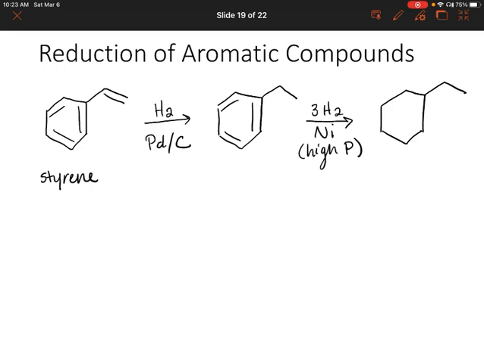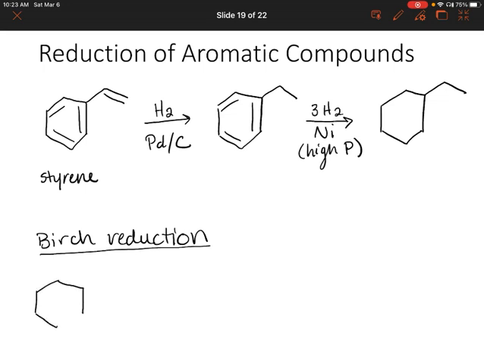So that's one example of reduction that we could perform on a benzene ring or on a substituent on the benzene ring. But there's also a special kind of reduction that we can perform called a Birch reduction. All right, so this one's kind of interesting.